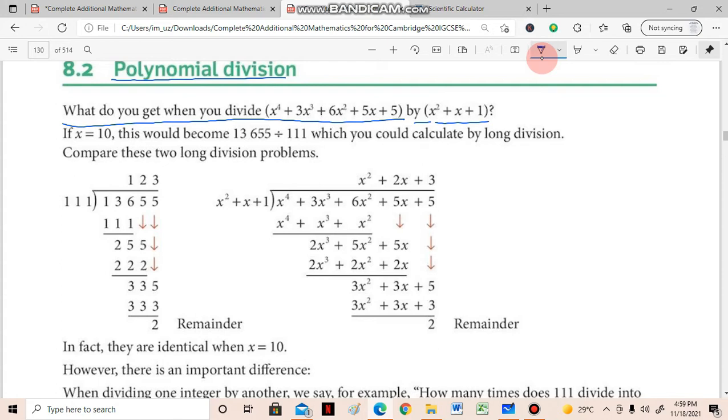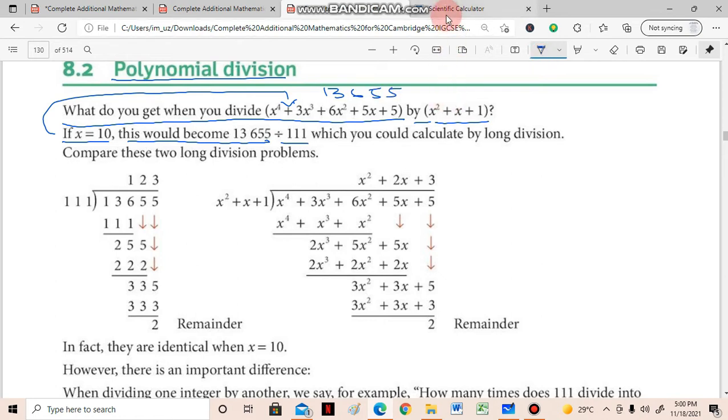But they are saying in the next line, if x is equal to 10, this will become 13655 divided by 111. So that means if x is equal to 10 in this equation, then this will become 13655. Well, let's see if it's true.